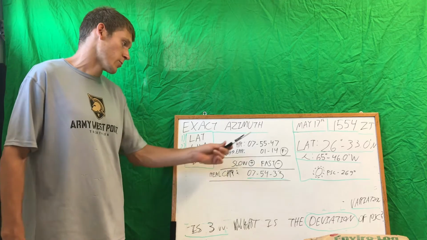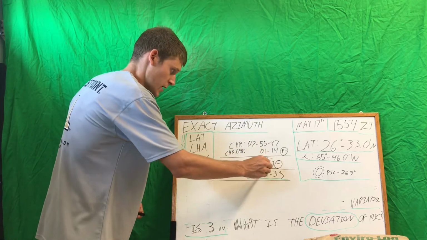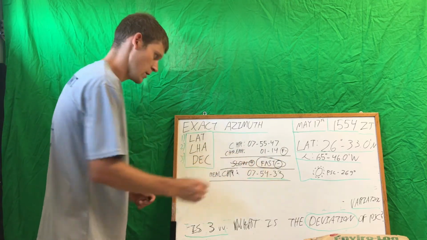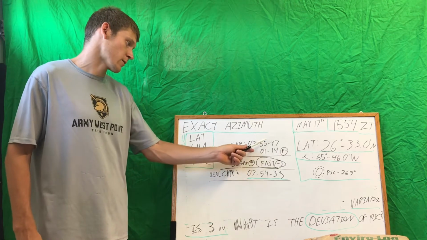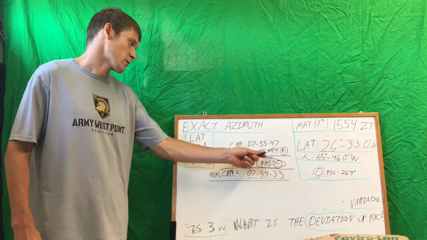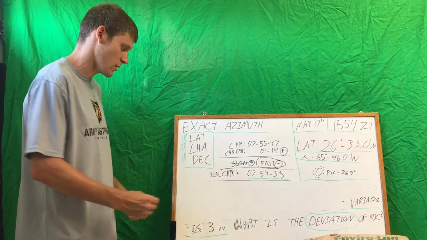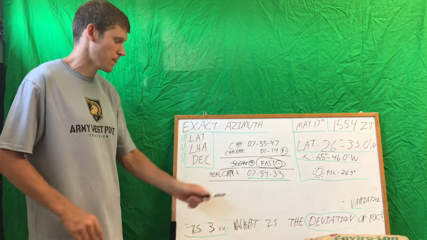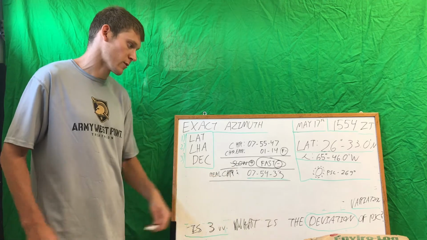The problem said it was fast, so we're going to subtract the time that was given to us. When you take 07 hours, 55 minutes, and 47 seconds and subtract 1 minute and 14 seconds, our real chronometer time is 07 hours, 54 minutes, and 33 seconds.